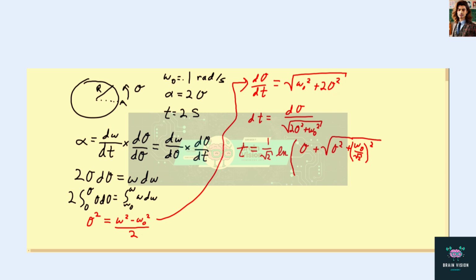And that's still under the square root here. And then we divide that by omega naught divided by the square root of 2.